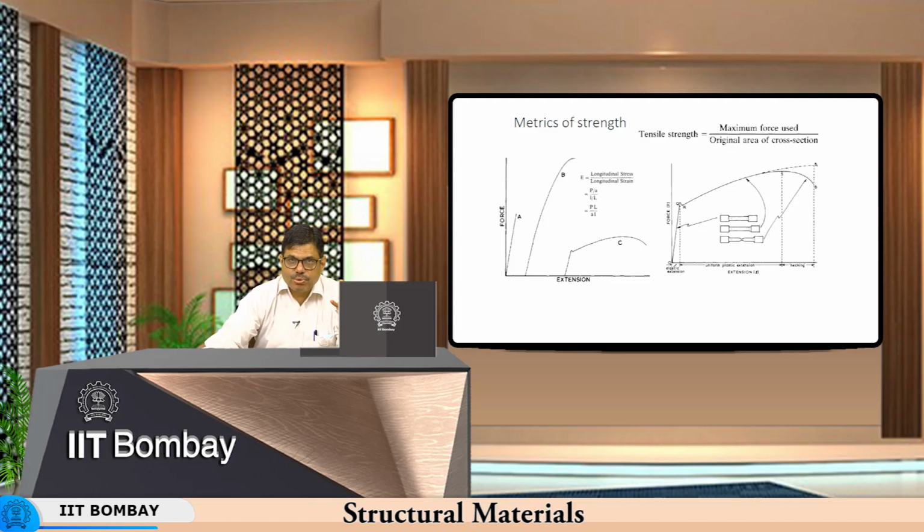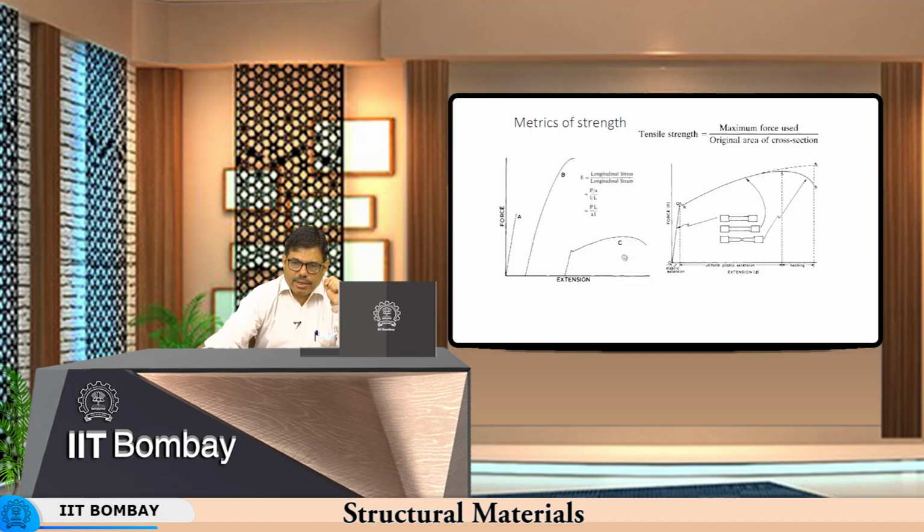I am just introducing the concept here, just making an observation that beyond the yield point, during plastic deformation, the strength of the material increases, and there is some point at which it is maximum, because beyond that there is depletion of cross section to form a neck, and therefore the strength starts coming down and the material fails at point B onwards.